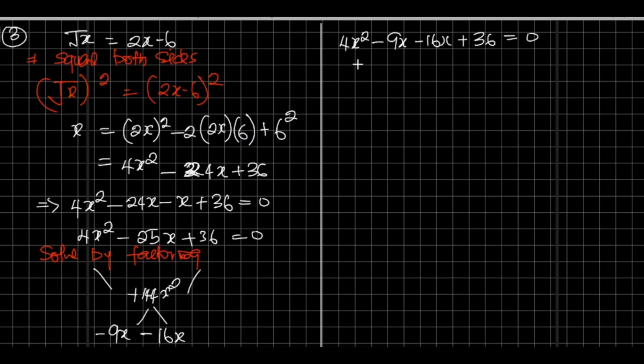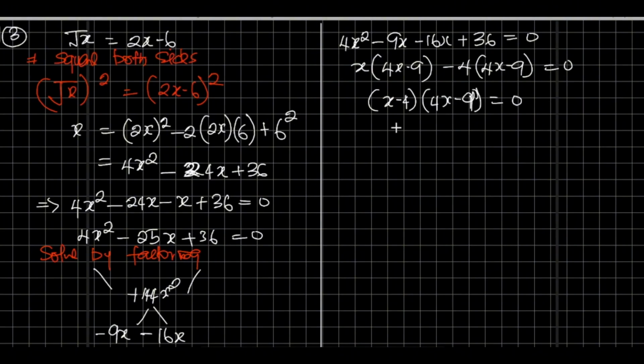And then factorize by grouping, we have x bracket 4x minus 9, minus 4 bracket 4x minus 9 equals 0, and then that will give us x minus 4 bracket 4x minus 9 equals 0. So this equation will give us x equals 4 or x equals 9 over 4.